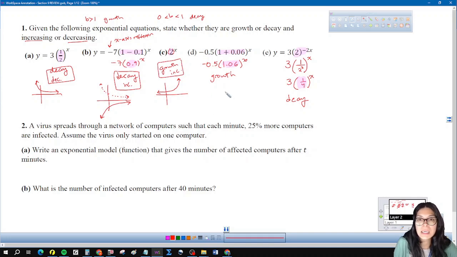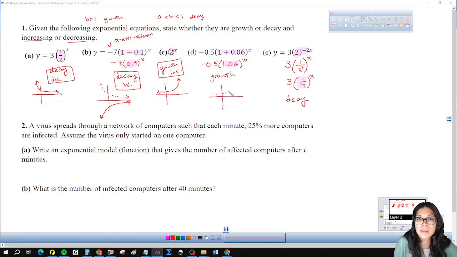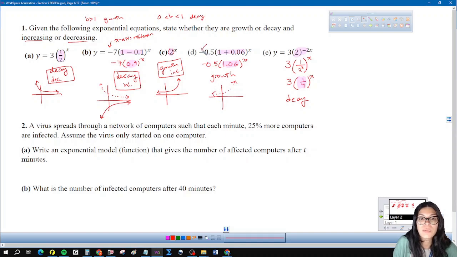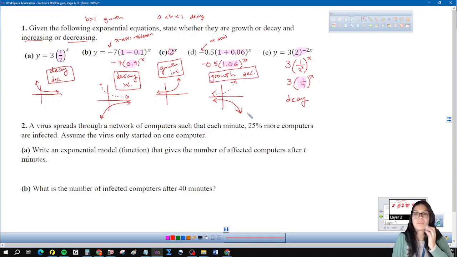For part D, this is a growth function, which normally looks like this. But again, with that negative out in front, that's an x-axis reflection. So that means that it's going to be reflected across the x-axis. So this is actually going to be decreasing, since it is going down as we follow the graph from left to right.